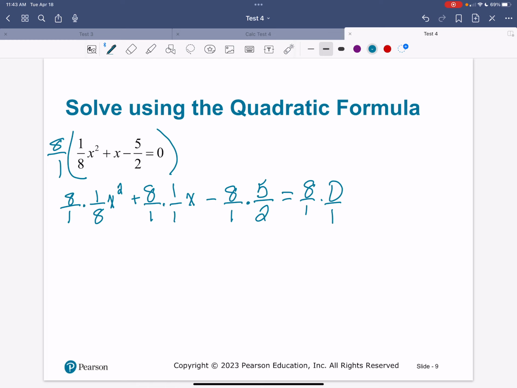So then I'm left with x squared plus 8x minus 20 equals 0. So I want you to do the quadratic formula with that right there: x squared plus 8x minus 20.